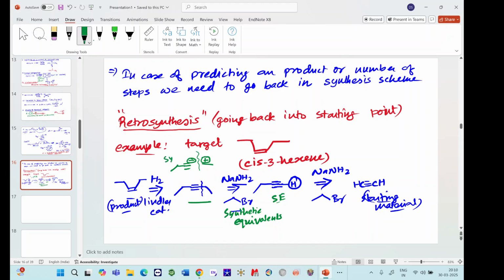These are called synthons. So synthetic equivalents are real compounds, while synthons are hypothetical, right?